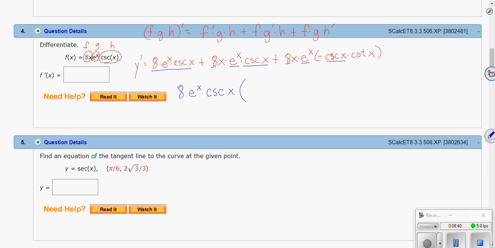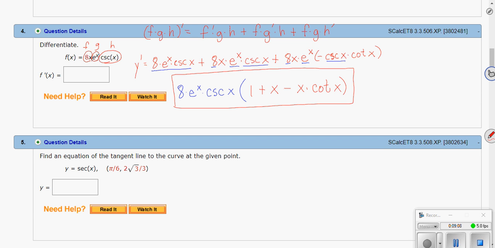Times what's left here: in the first term, it's just a 1, plus in the second term, it's just an x, plus, oh, that actually would not be a plus. We've got a minus in that third term, so that would be a minus x times cotangent x.